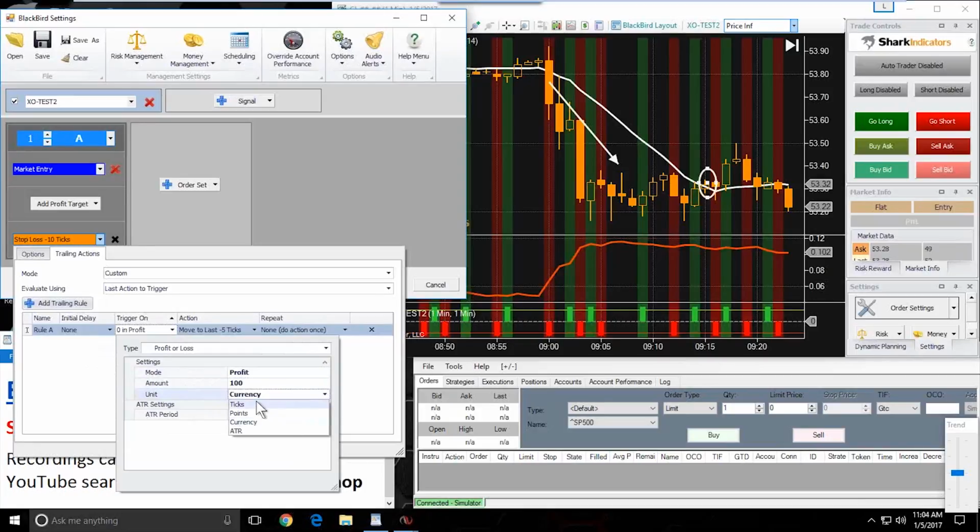And so the profit and loss here has more functionality because it has these units here. You could look for ticks, so let's say you're looking for 10 ticks in profit. You could do something like that.